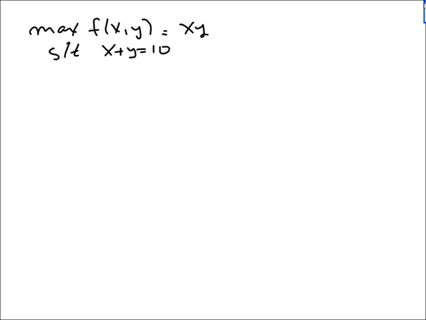10. Now, how I see this problem is if I double the constraint, I get this, and I want to maximize xy. Well, what I think of is a rectangle.